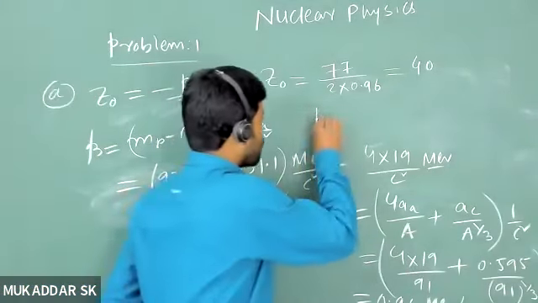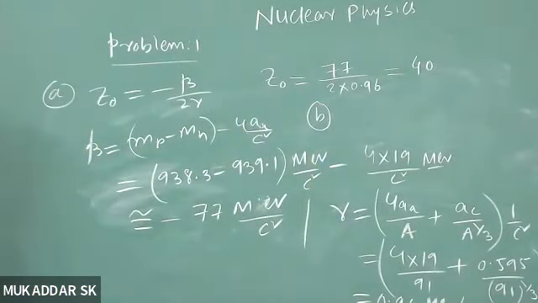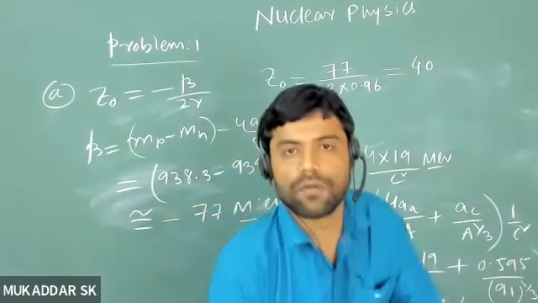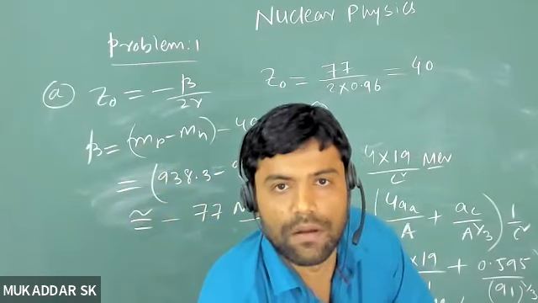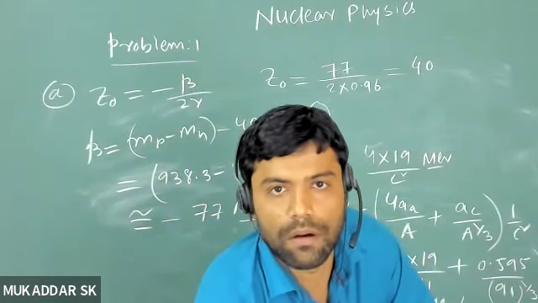In the second part, now you have a beta minus decay. Now I can see, because your daughter nuclei is fixed, daughter nuclei is having atomic number 40.